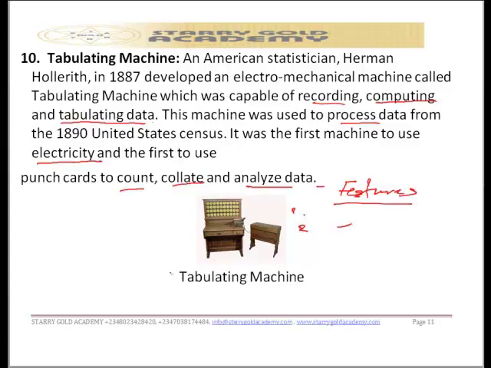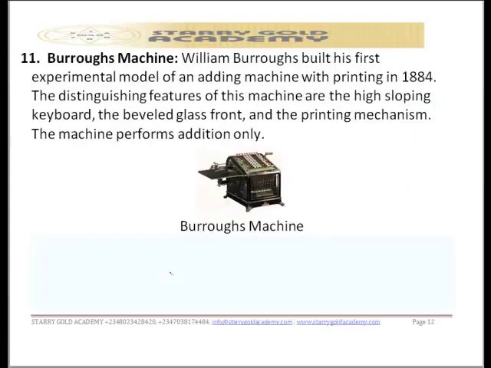All right. Now, let's move to the next one to consider. It's called the Burroughs machine. William Burroughs built his first experimental model of an adding machine with printing in the year 1884.